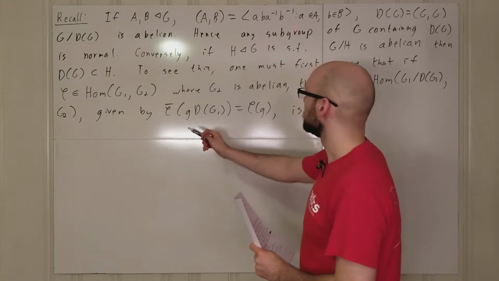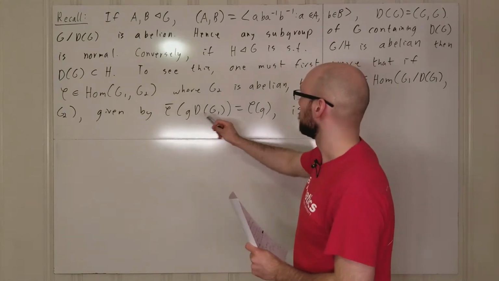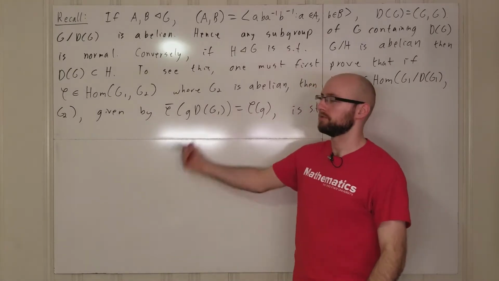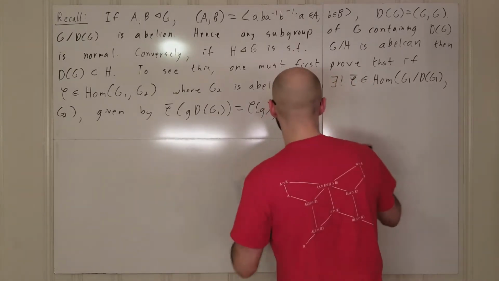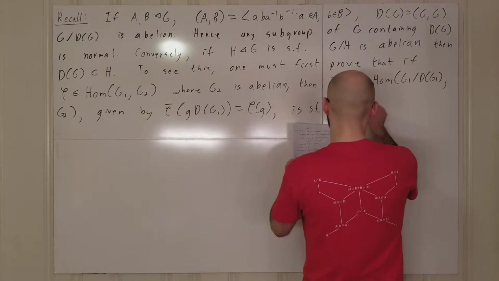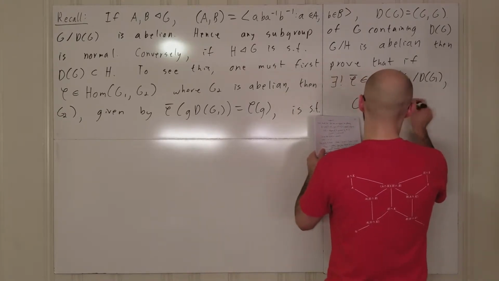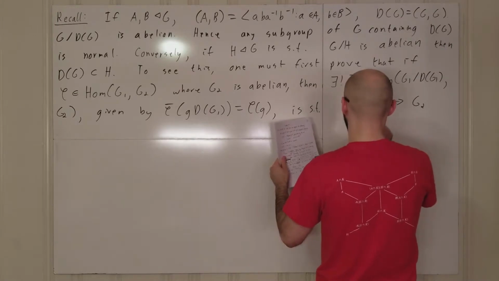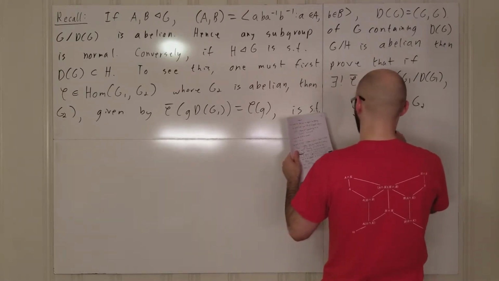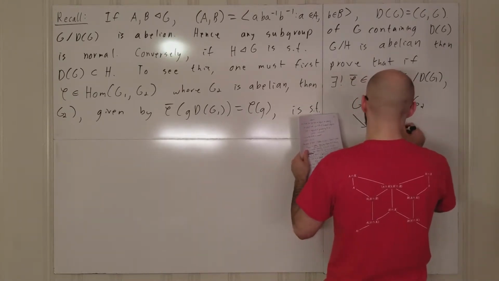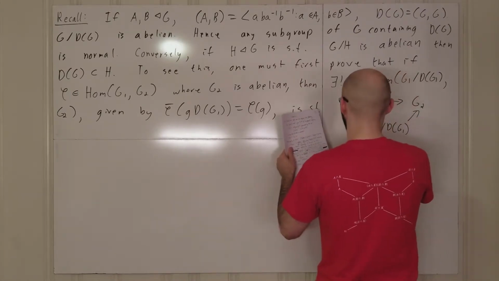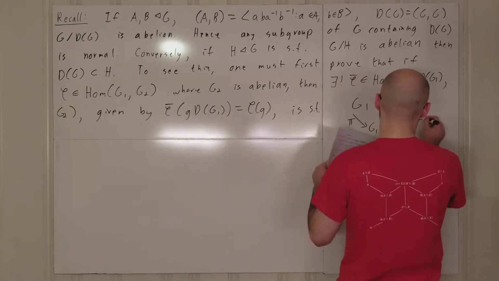So anyways, we've got phi bar defined by this. You have to prove that this is well defined. It turns out it is. It's also a group homomorphism, and it's also such that this diagram commutes. We have G2, G1 mod the commutator of G1, and then G1, with phi, the projection pi, and phi bar.